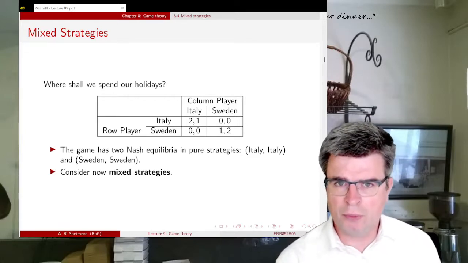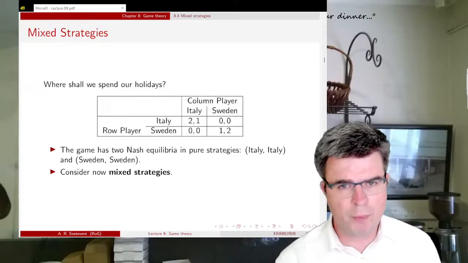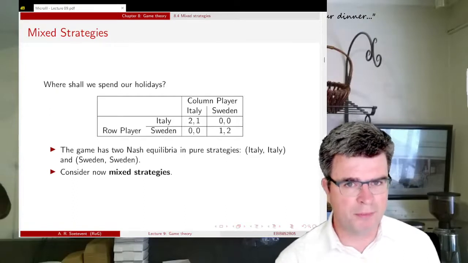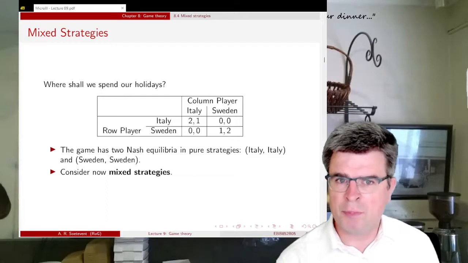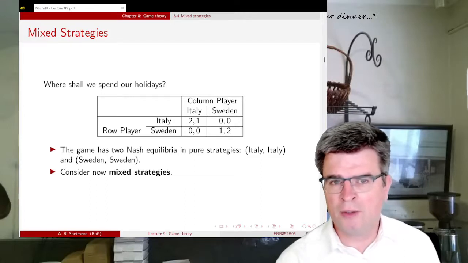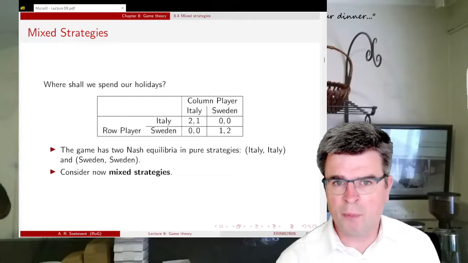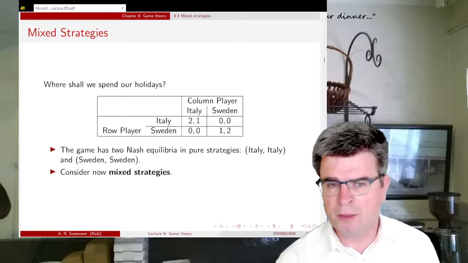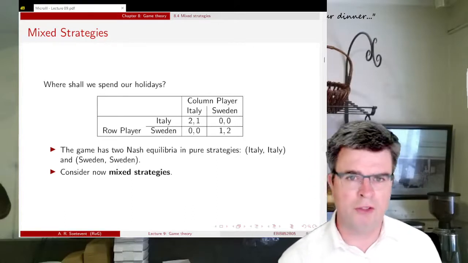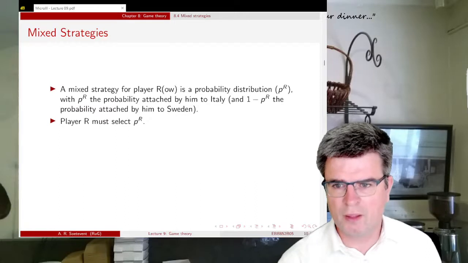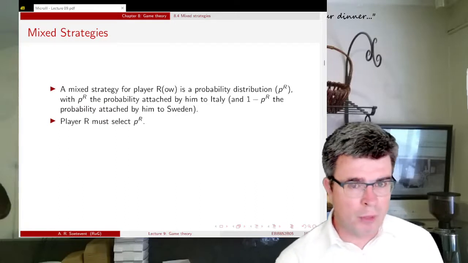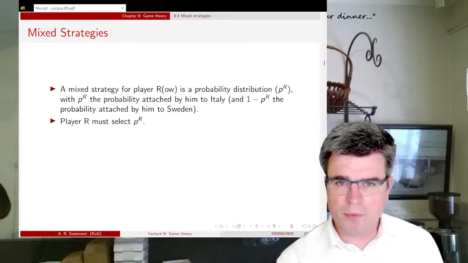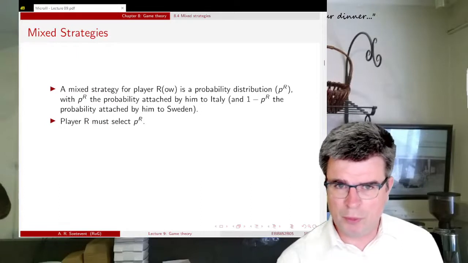And now we're going to do something that is new. We're going to consider mixed strategies. So like in the example with the penalty kicker, are there additional equilibria where the two players mix between playing Italy and Sweden? Now, in order to find a mixed strategy equilibrium, we first need to define what we look for.